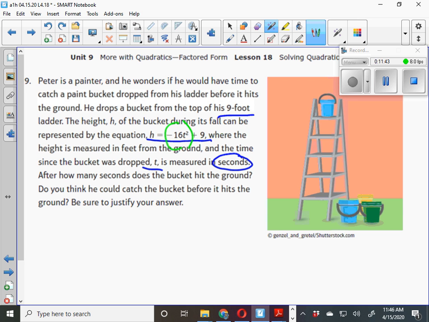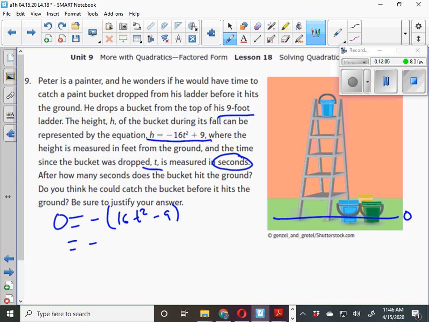And I would start by factoring out. We want it to hit the ground, which is 0, right? So we're going to set this equal to 0, and I'm going to factor out a negative at least. So negative 16t squared minus 9 gives me that difference of squares equals negative (4t minus 3) times (4t plus 3).